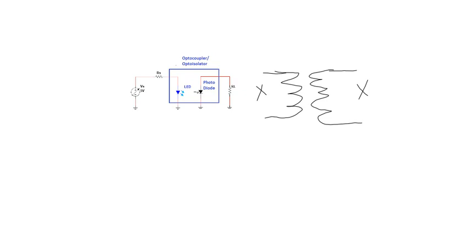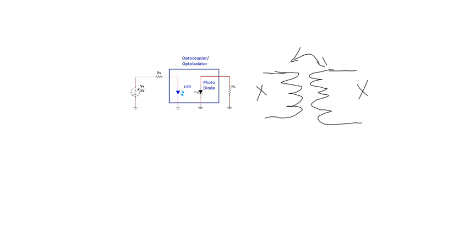Now, if I have a transformer, the primary is not electrically connected to the secondary. So whatever circuits I have here is electrically isolated from the circuits on that side. They're magnetically coupled, but electrically isolated. Well, here they're electrically isolated.